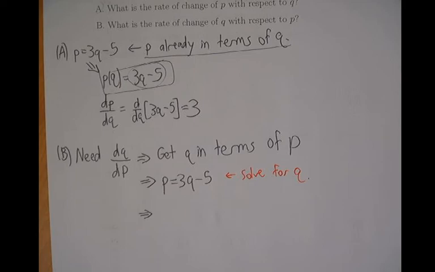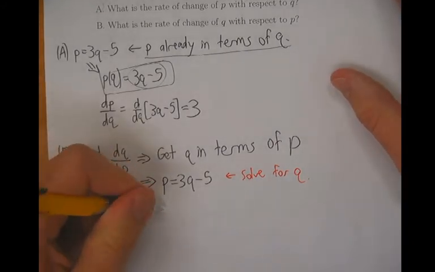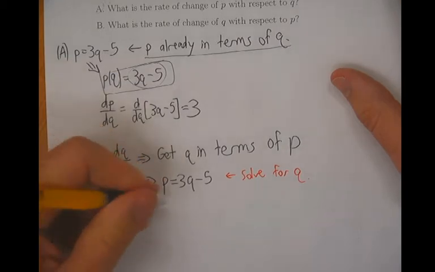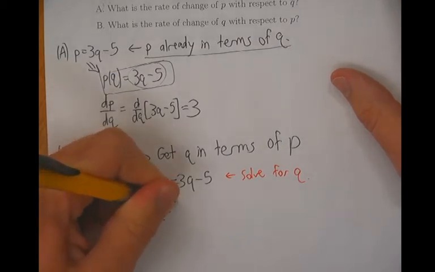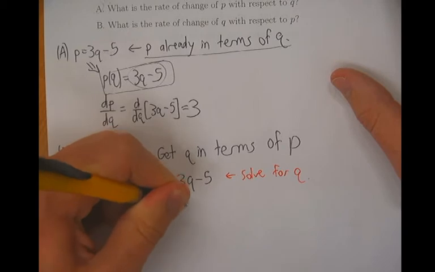So q should be equal to what? Plus 5 over what? Yeah. So that means that we have q equals p plus 5 divided by 3.